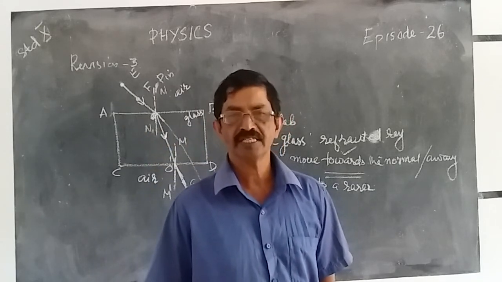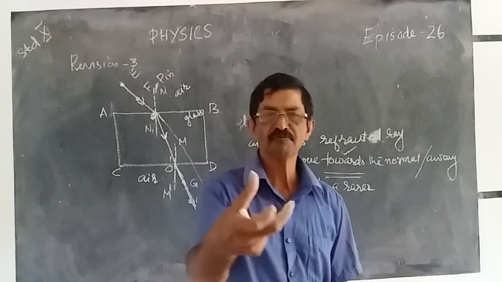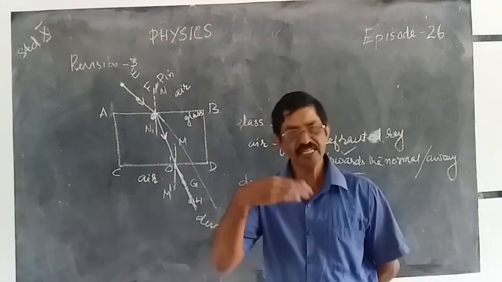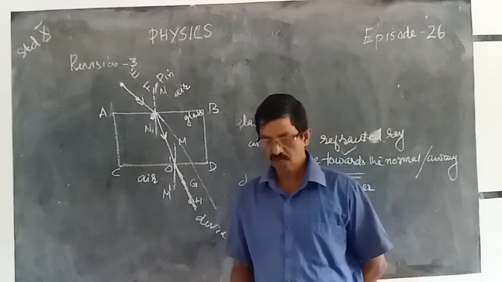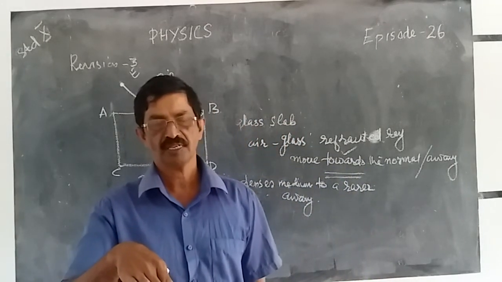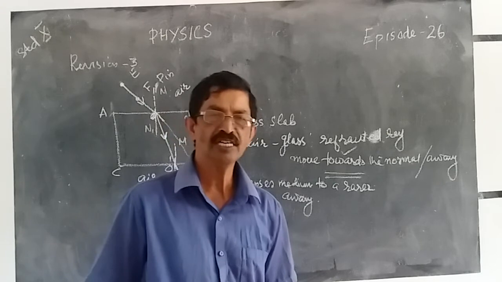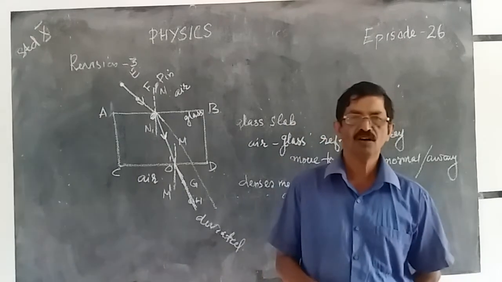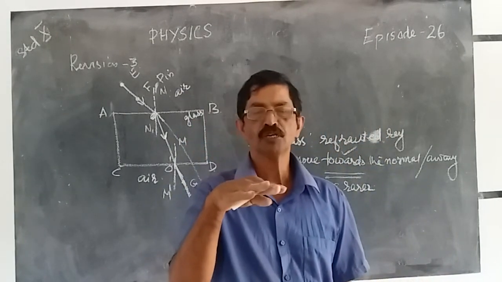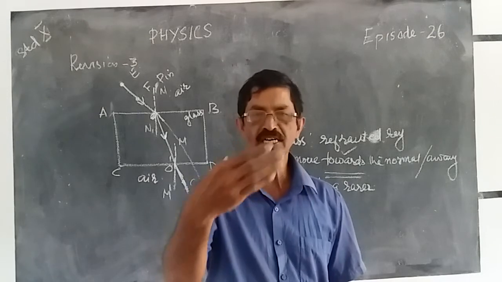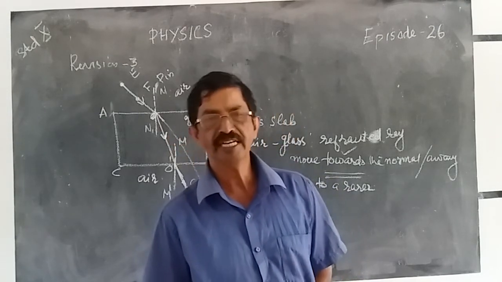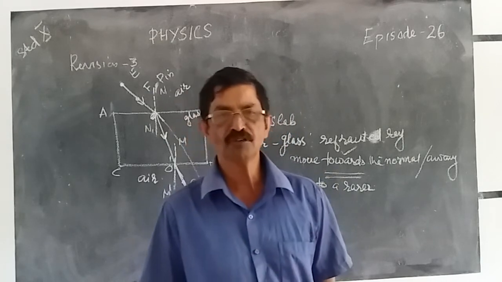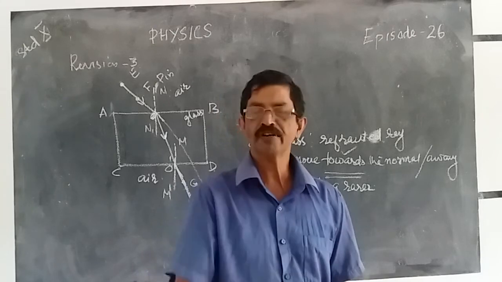It is displaced or bent at the surface of separation of the two media. This bending or displacement happens because of the difference in the speed of light in different media. Because of that, light is refracted.